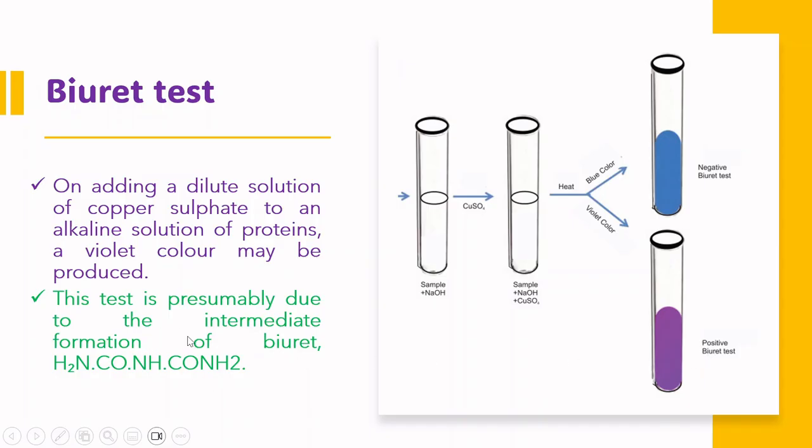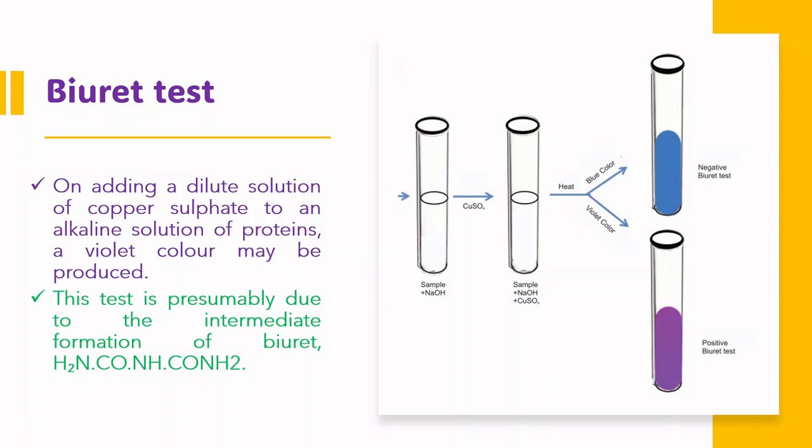This violet color is due to the formation of a compound known as biuret. Biuret is formed by the combination of 2 urea molecules, NH2, CO, NH, CO, NH2. So please study the structure of biuret. It is important for you even in the analysis of organic compound part. So this is the biuret test.